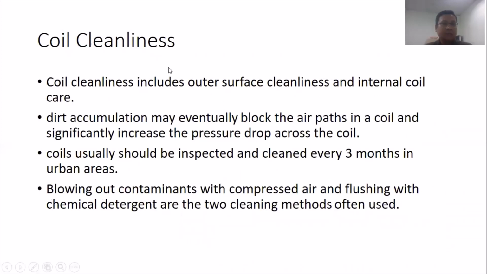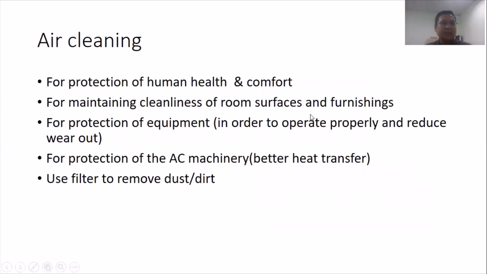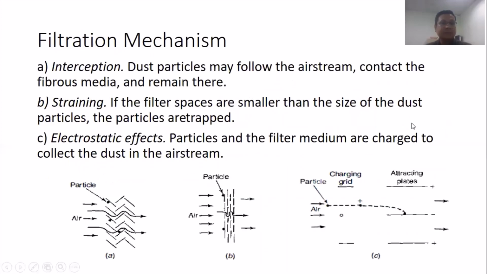And then we should also consider coil cleanliness. We should maintain cleanliness, and then air cleaning. If we need the air in a cooling condition, it should go through the coil system.